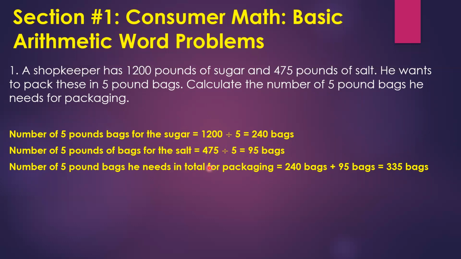And then we add 240 bags plus 95 bags equals 335. Very good. So the total number of 5-pound bags that we can get is 335, right? Right, Angel? Yes, sir. Okay, good. Please write this down. Again, please write this down for me.